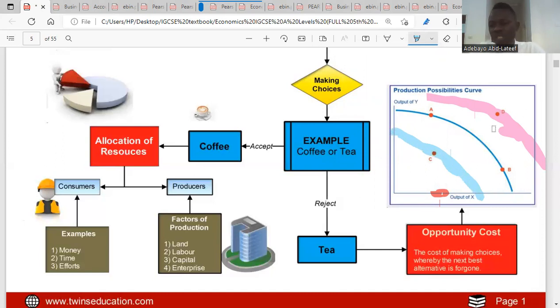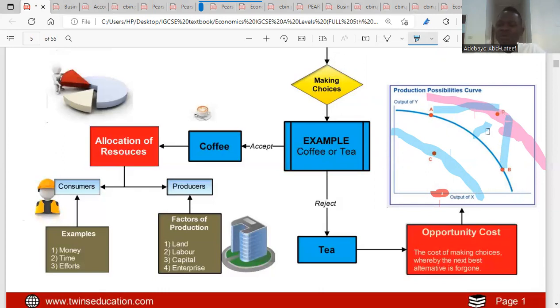So what are these two situations? Here, it means at point Y, the output of Y can increase at D, the output of X can increase at D. So either B can have an outward shift at D, or A can have an outward shift at D. What are the situations that would enable output Y to have an outward shift to point D from A?